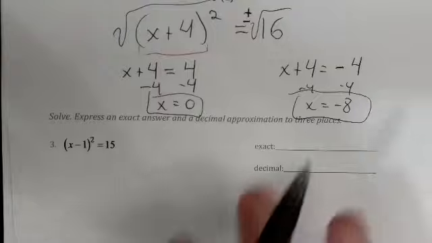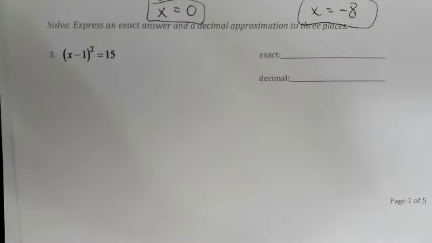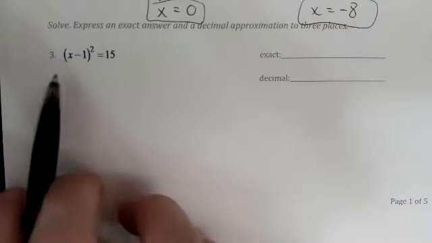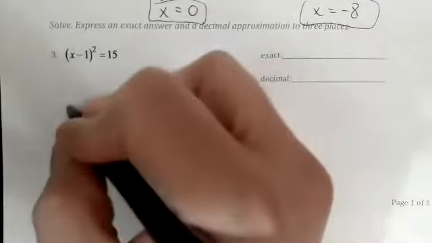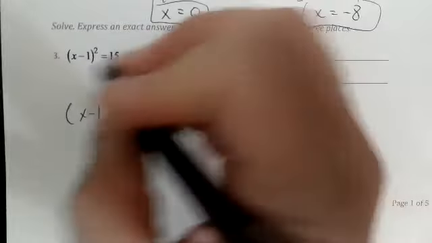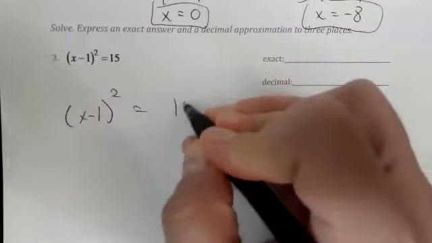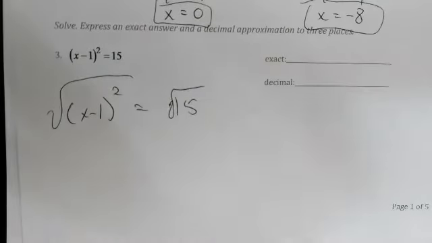So this one, I think I'm going to keep the plus or minus notation when I do it. So I want to do x minus 1 squared equals 15. So the thing to notice is that our term that's being squared is by itself. If it's not by itself, we might have to do some work. So I have x minus 1 squared is equal to 15. And if I want to take a square root of that side, I also have to do it this side.